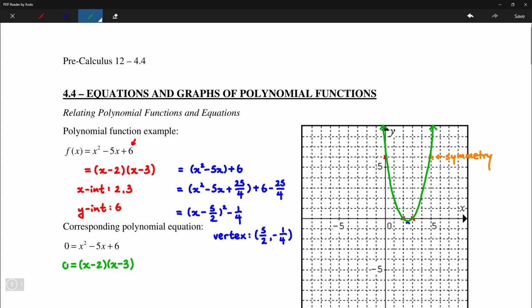And so the solutions to this equation is that x is either equal to 2 or 3. So the idea is that the solutions to the polynomial equations correspond to the x-intercepts of the corresponding function.